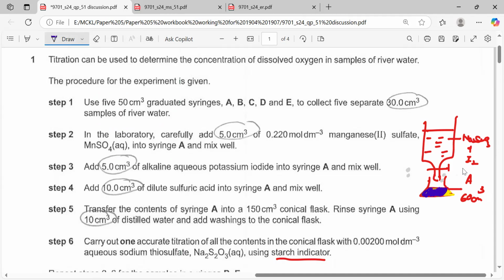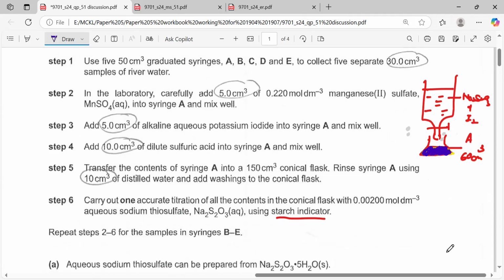Okay, so this blue-black is formed from the reaction of the very, very little iodine remaining and the starch. So starch and very little iodine remaining will give you blue-black. So you will titrate until the blue-black disappears, when you do not have any more iodine to bind with the starch.